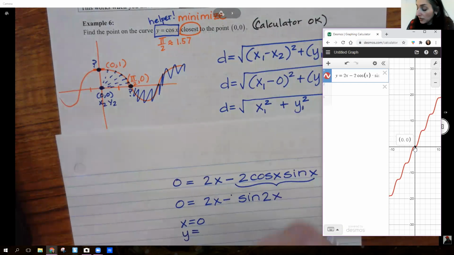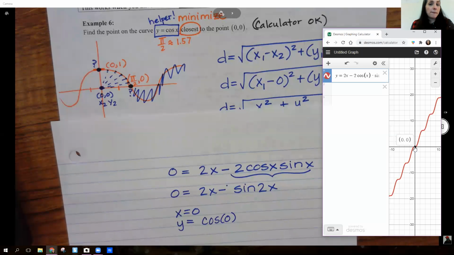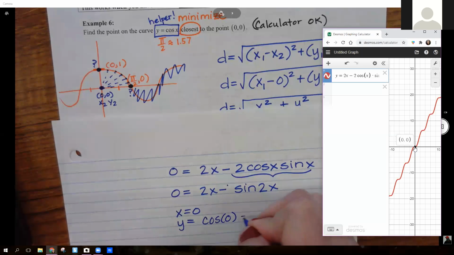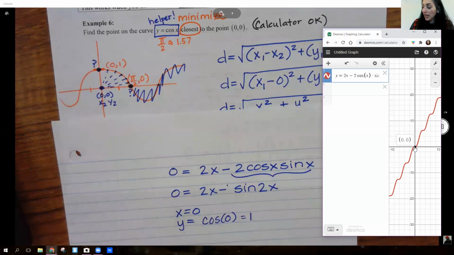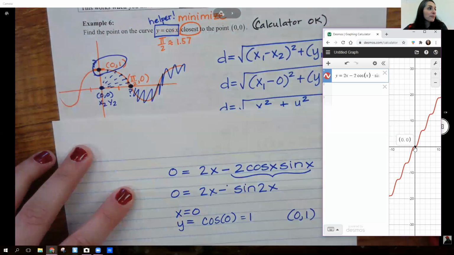Yeah, very good. So you would have to do y equals cosine of 0. And what is the cosine of 0? One. Yeah. So it actually ends up being the point 0, 1, which is this spot right here.